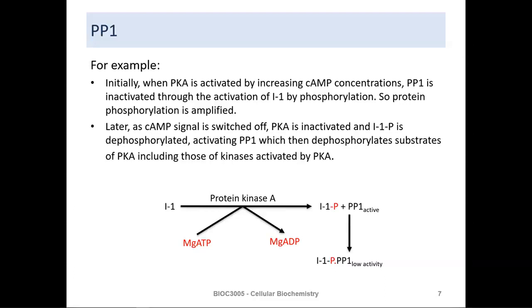Also noteworthy is that the source of the phosphoryl group is from magnesium ATP, which is used by protein kinase A to phosphorylate inhibitor 1.